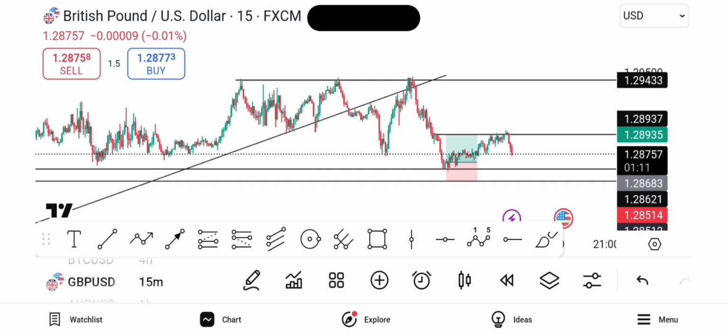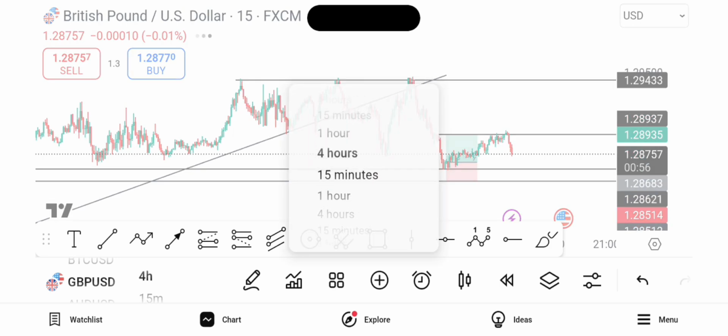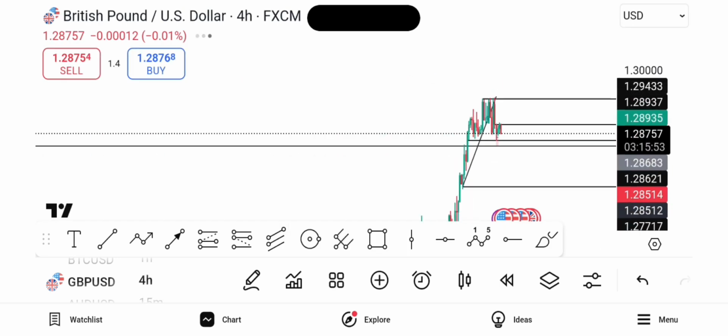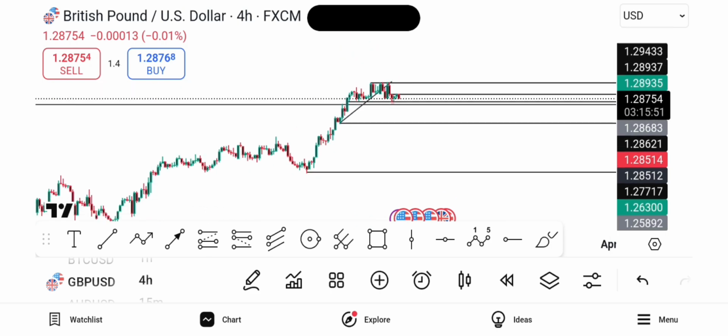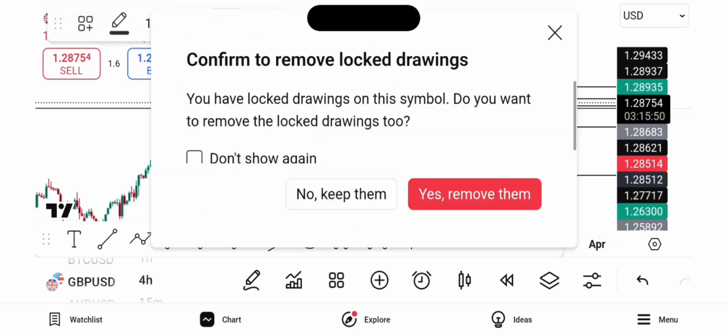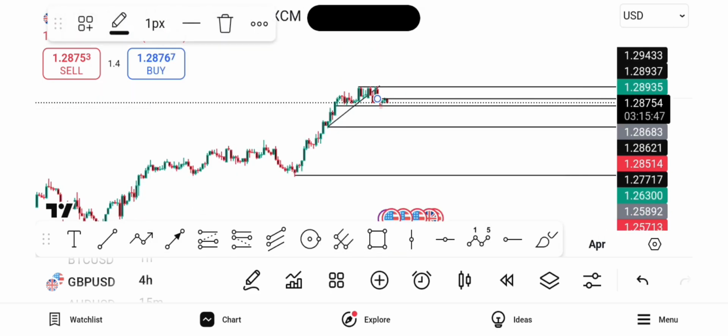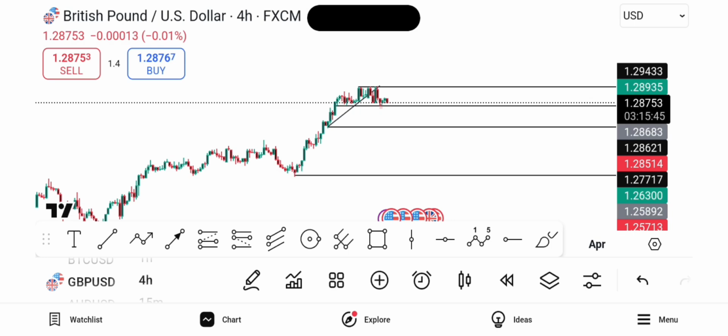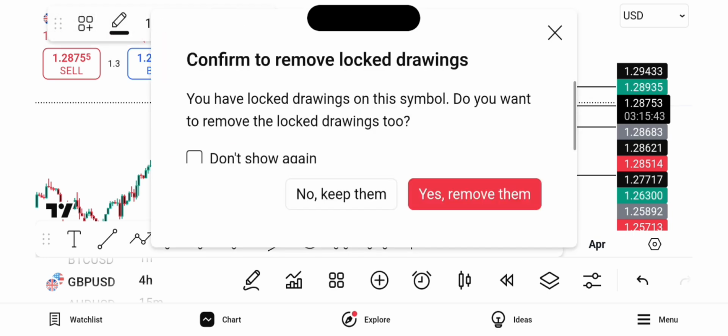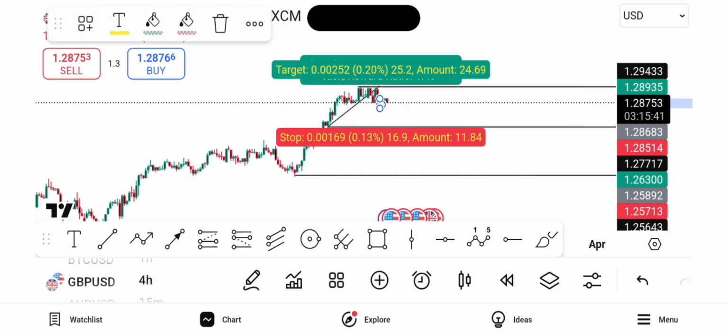So let's go to our 4 hour time frame and see what's happening there. Let me first erase everything, so as not to get confused, because whenever you have very many things on your chart, it can confuse beginners in the market.